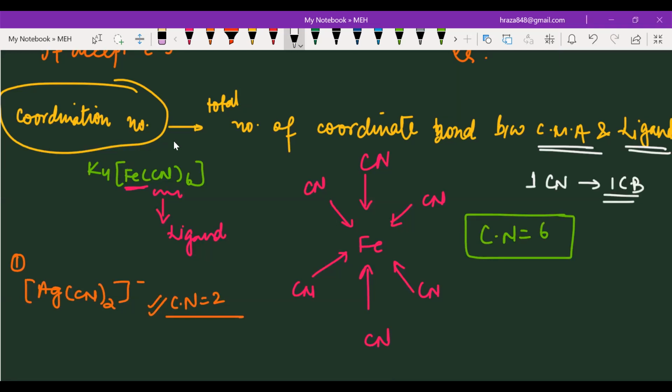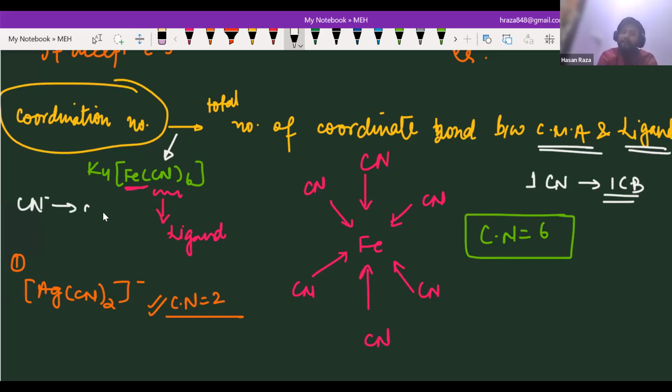Yes, sir. CN is the cyanide ion. So if 6 cyanide ions are there, that means 6 coordinate bonds are there between the central atom and the ligand CN. So total 6 coordinate bonds, and the coordination number equals 6.